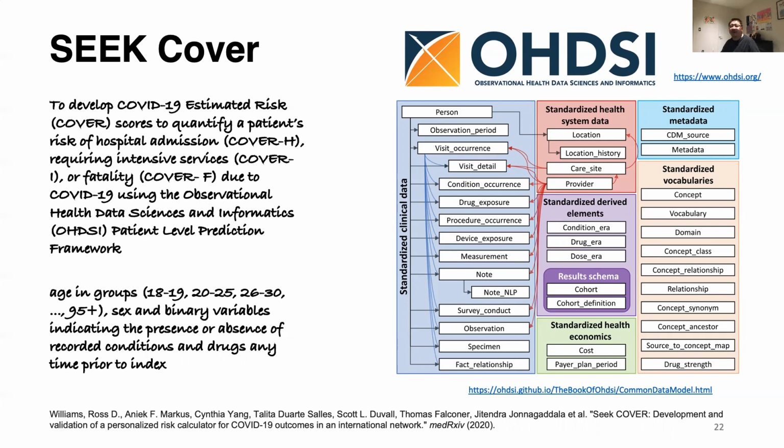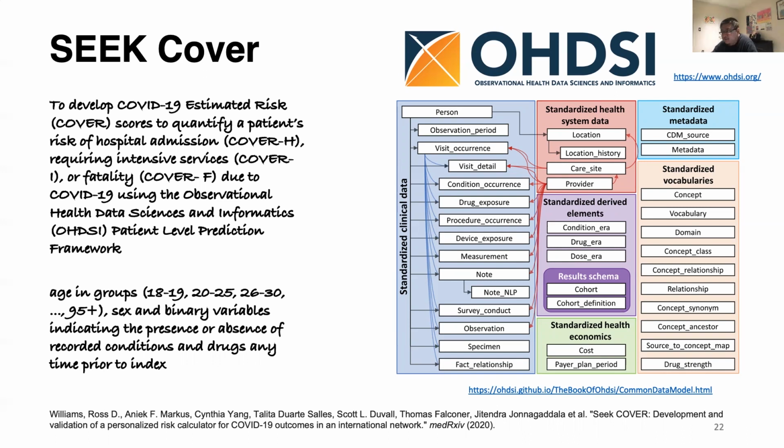After you map that, they can do unified analysis across all the different participants in the OHDSI network. They have also done a lot of COVID-related studies, and this work is also a risk calculator.